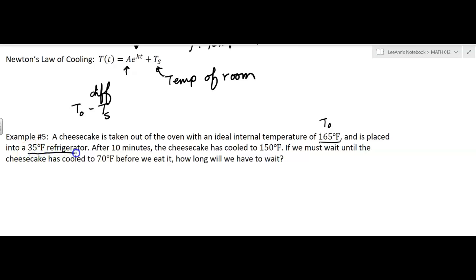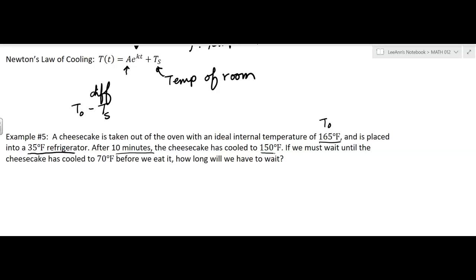These are in Fahrenheit. So you're taking the cheesecake out of the oven, putting it in the fridge. After 10 minutes, the cheesecake has cooled to 150 degrees Fahrenheit. If we must wait until the cheesecake is cooled to 70 degrees Fahrenheit before we eat it, how long will we have to wait? Like I said, now we're talking important.